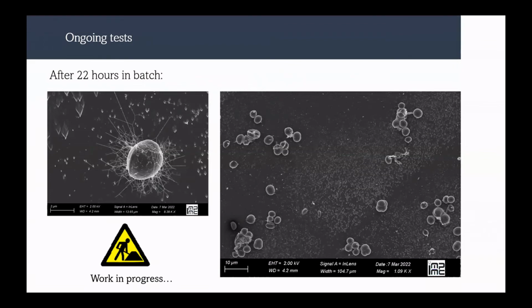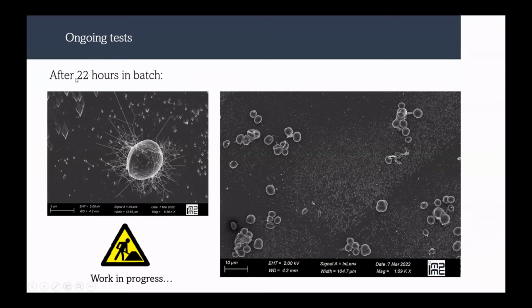So in conclusion, these are some SEM pictures that we just took yesterday. Here the sample prep was with critical point drying, in order to try to maintain the shape of the bacteria.